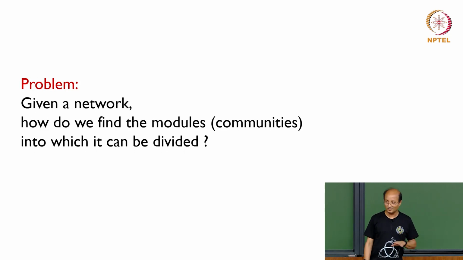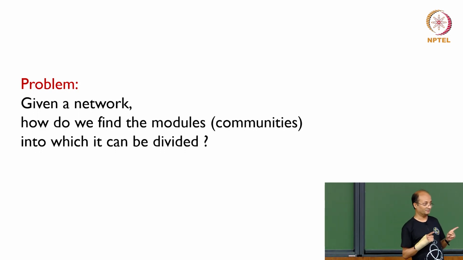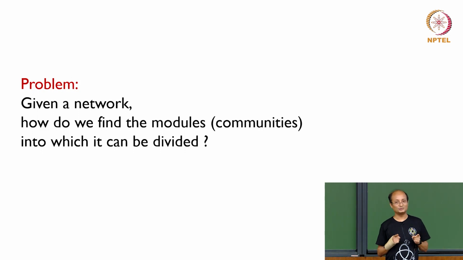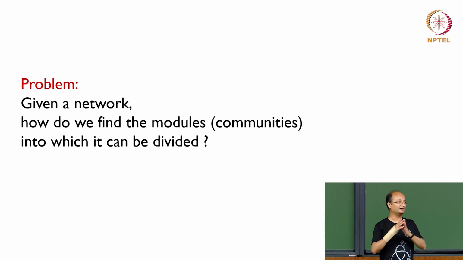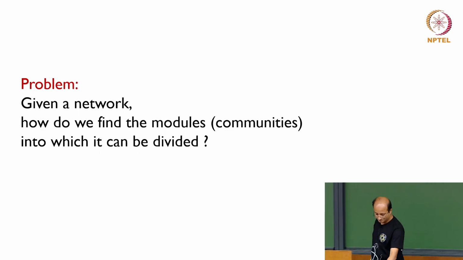It turns out it's an NP-hard problem, finding the number of modules. So what you can do is try several methods and try to find a consistent set of modules which will agree across different methods. That's the best you can do.